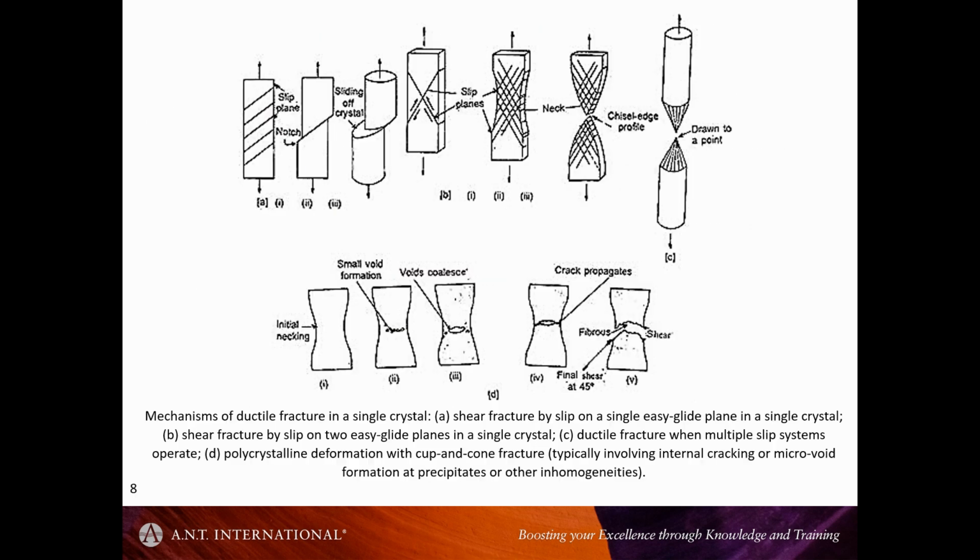Okay, so here's again a little bit more of the same. Different ways in which materials can be deforming in a tensile test. If it's a single crystal, you can excite slip on single planes, and we get this shearing. Shearing can happen on multiple planes, especially if you have the tensile axis along a specific crystallographic direction.